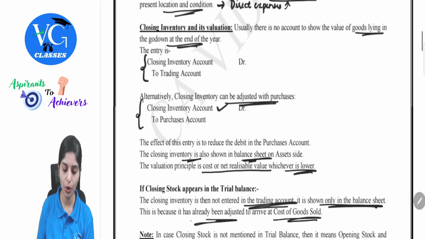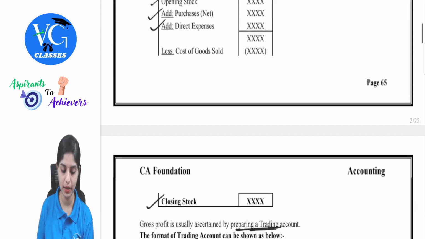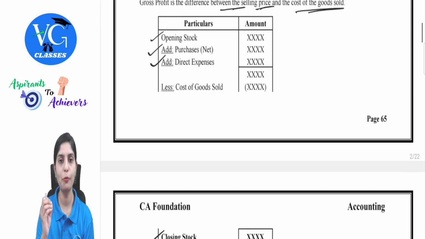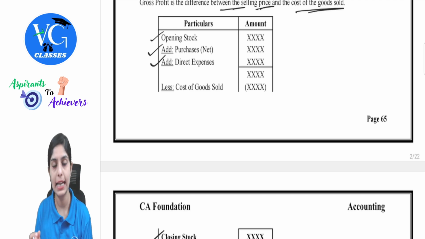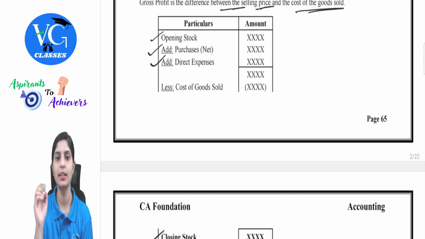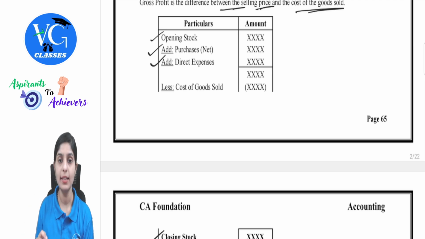Don't you think, here, whatever we understood in this particular format, cost of goods sold is arrived at by taking opening stock plus purchases plus direct expenses minus closing stock. So this is when we get cost of goods sold.